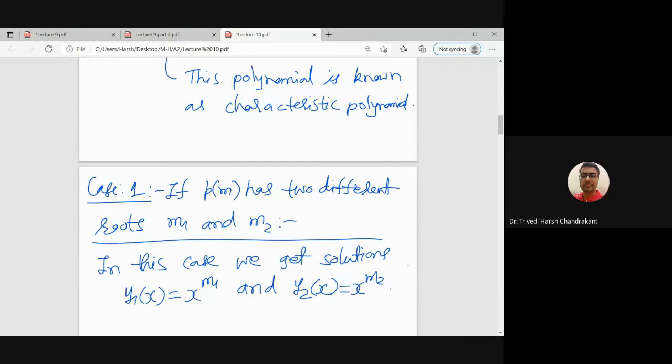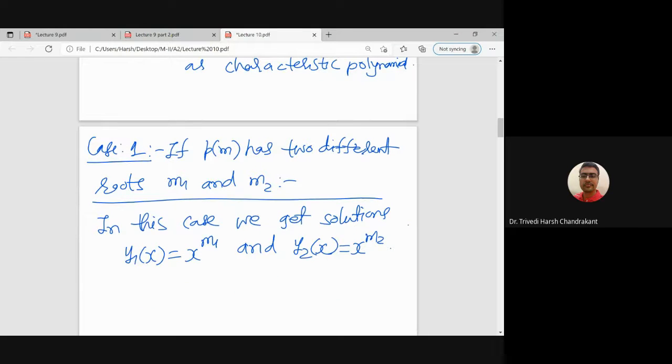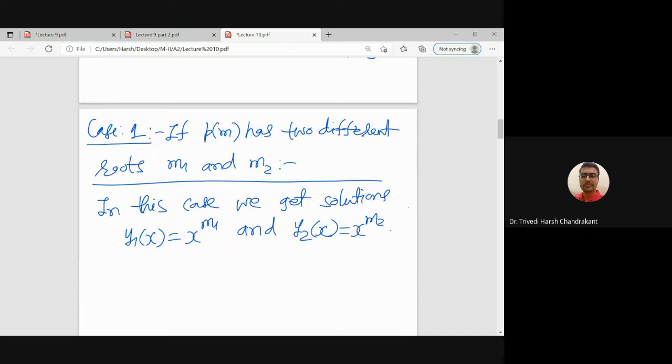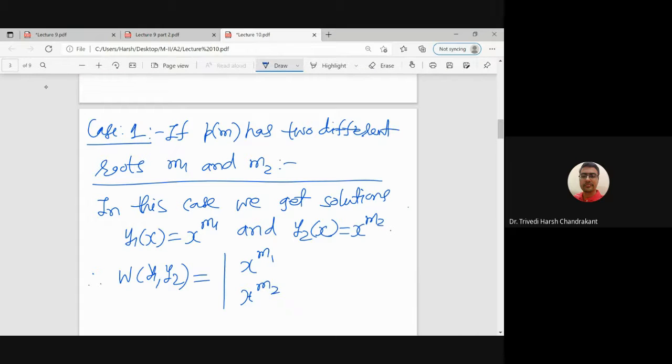And we know that m1 and m2 are different. What we are looking for is this is a second order linear differential equation, so we need to find two independent solutions. So let us find the Wronskian of y1 and y2. We know that the Wronskian is the function and its corresponding derivative.